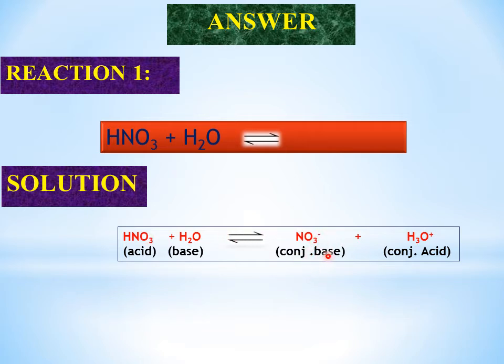So this will be the conjugate base of this nitric acid. So this one is the conjugate bases and conjugate acids of these two substances, nitric acid and water, because this is the acid and this is the base.